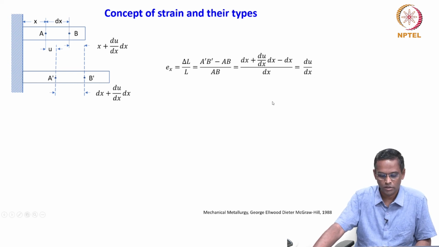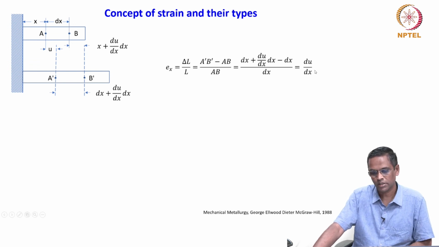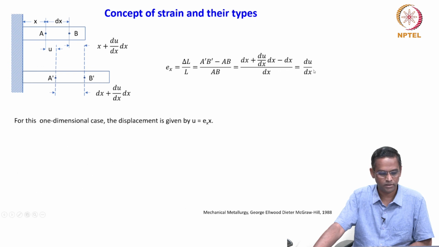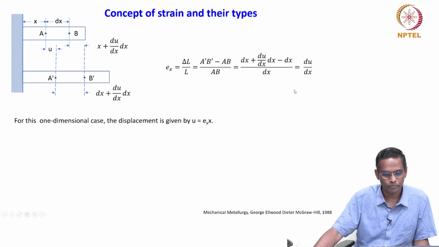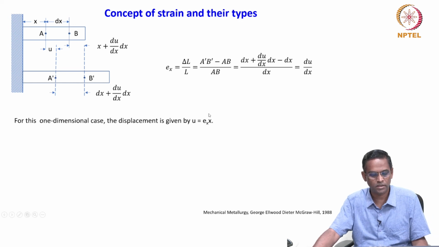So simply what you get, the linear strain along the direction x is measured here as du by dx, that is a displacement. Okay. Displacement with respect to x direction, that is linear strain x. This is for the one dimensional case, and the displacement is given by u is equal to Ex times x. So that is the displacement.